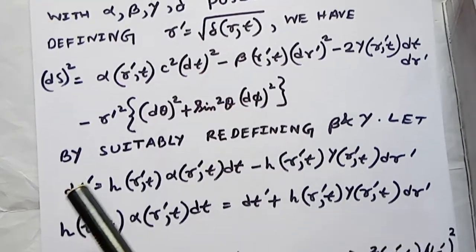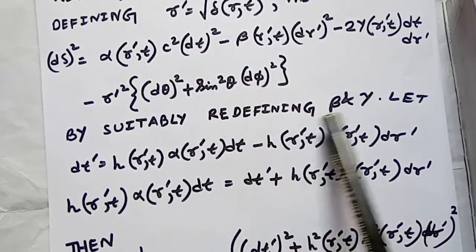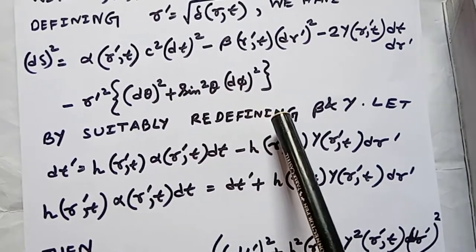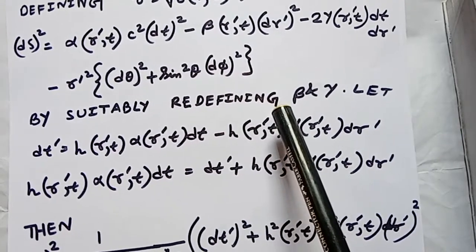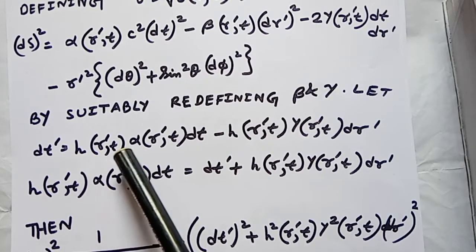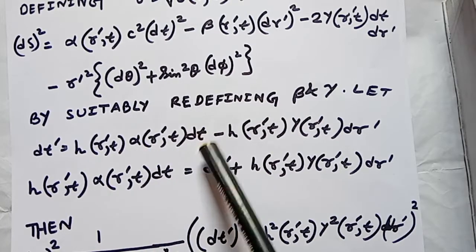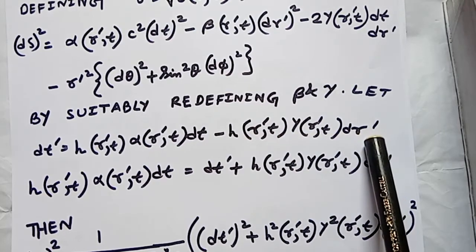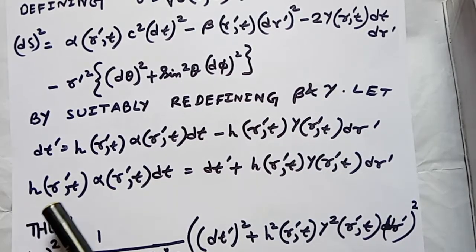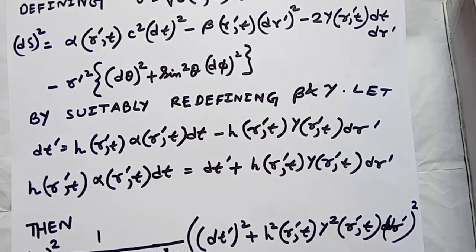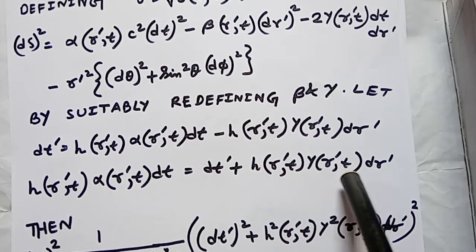By suitably redefining beta and gamma, and dt' equal to h of (r',t) alpha of (r',t) dt minus h of (r',t) gamma of (r',t) dr'.